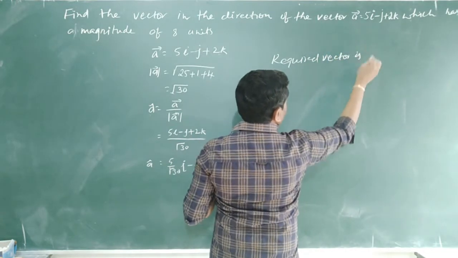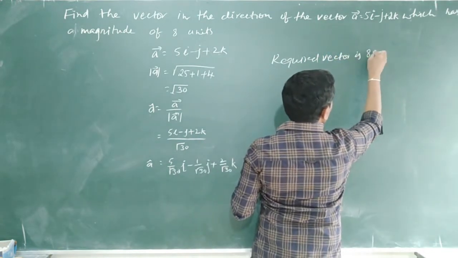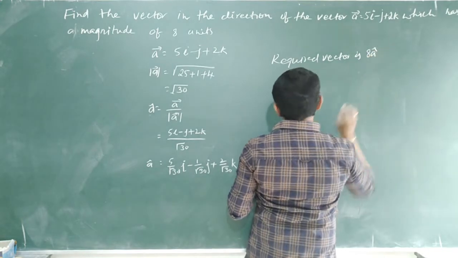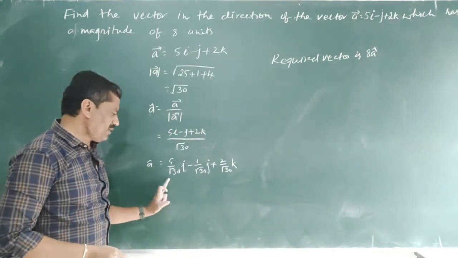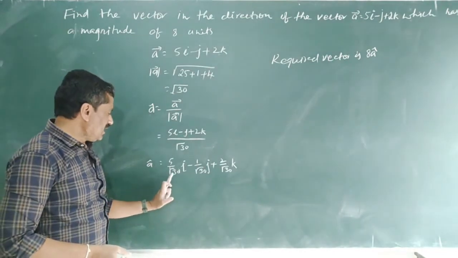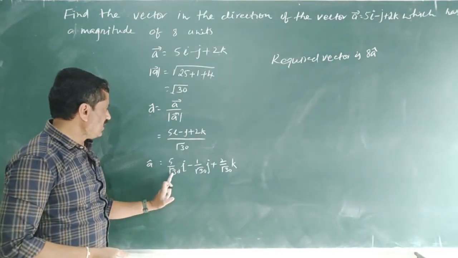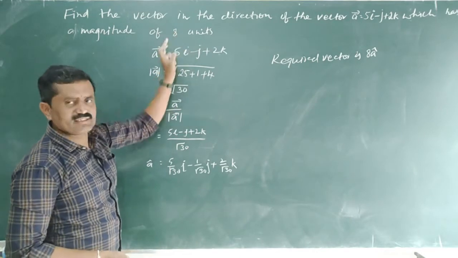is 8 into a cap. Just multiply the scalar components of this vector by the given units, that is 8.